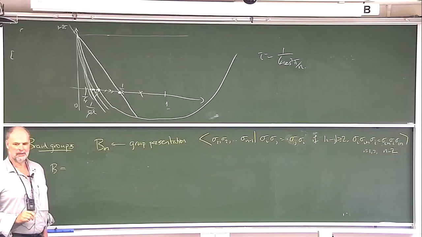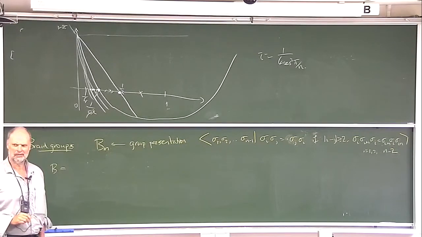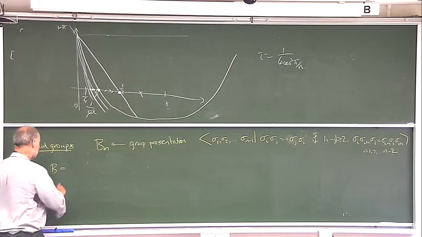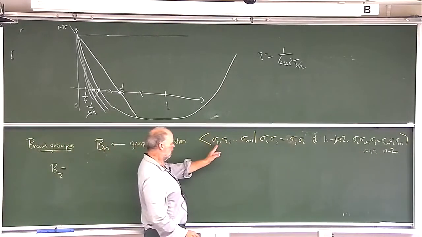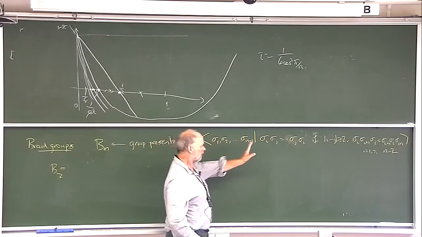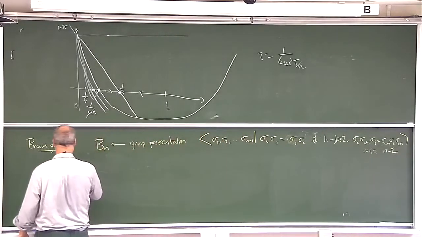This is the theory of the empty set. There are no generators and no relations, so B1 would be the trivial group. B2 is when it starts to get interesting. Here's one generator, sigma 1, and no relations. None of those apply, so B2 is equal to Z.